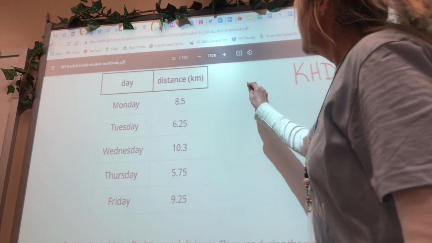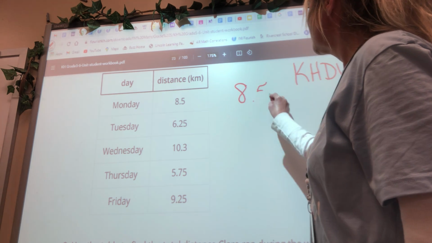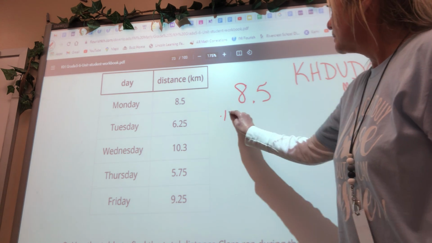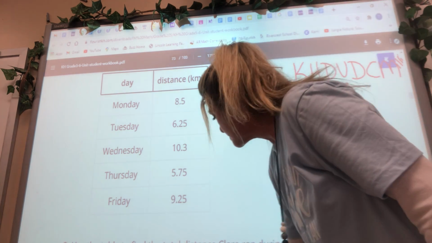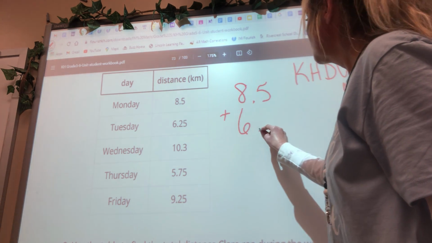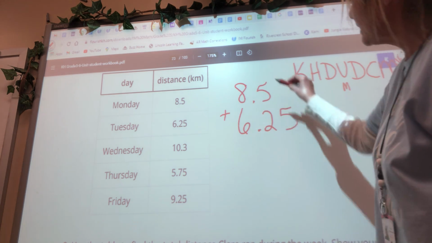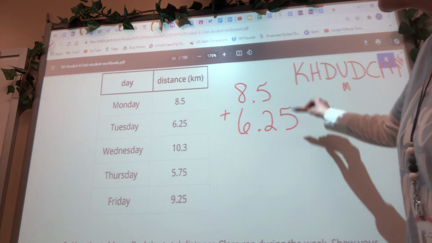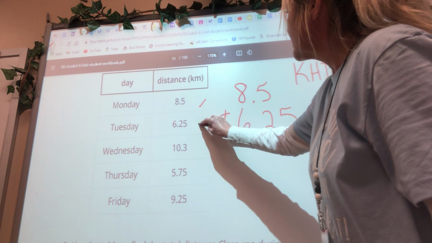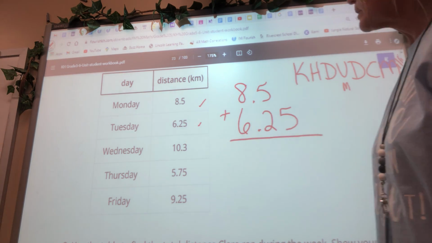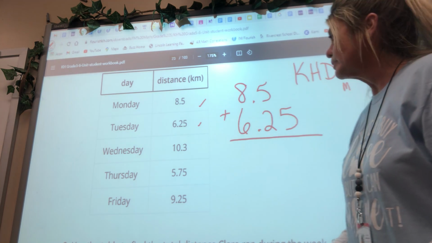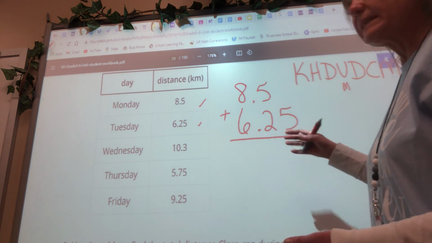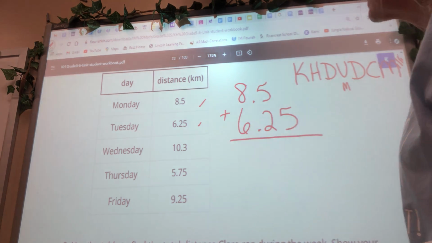He ran 8.5 on Monday, and then he ran 6.25, and remember, we have to keep everything lined up when we're adding. Okay, so we've got that one and that one. And it helps a lot of people, instead of stacking them all and then trying to add up all your numbers, some people like just go 2 at a time. Just make sure you check off what you've added though.